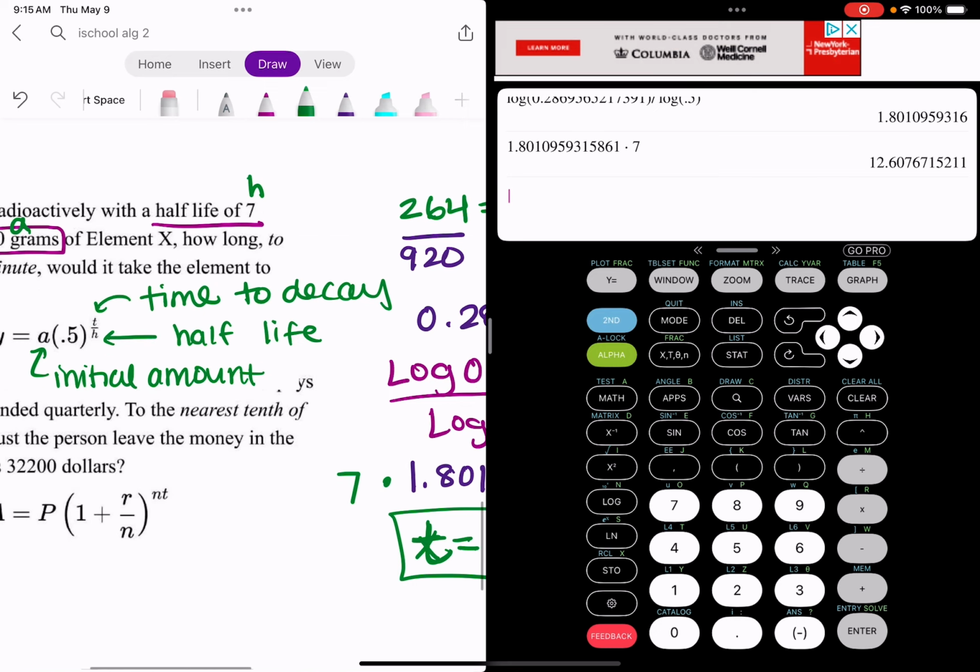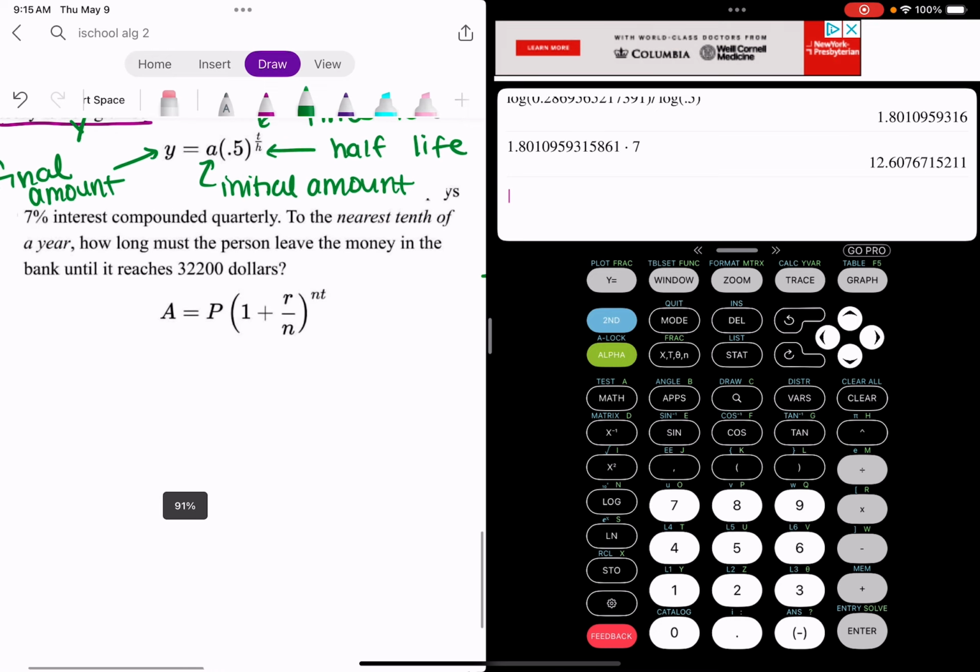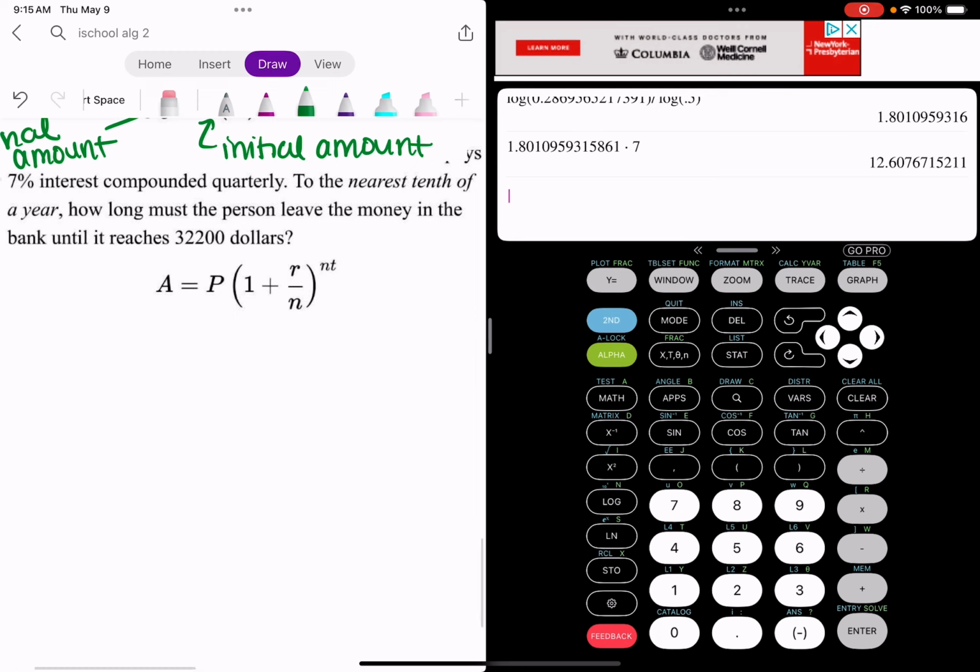Let's do a finance question, and then we're done. So we have the compounding interest formula, okay? The A is our final amount of money. Our P is our initial amount of money. Your R is your interest rate as a decimal, okay?